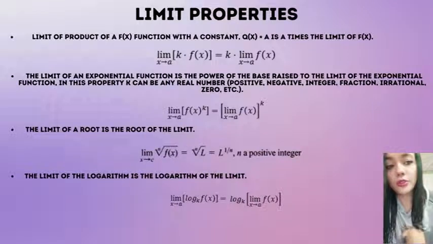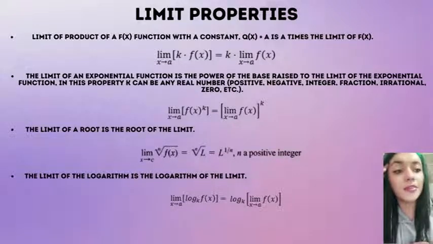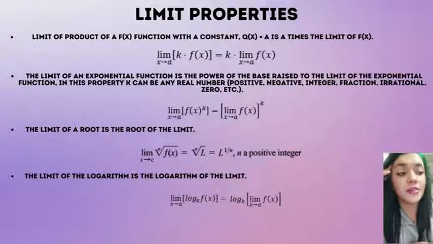The limit of the product of a function f of x with a constant, q of x equal to a, is a times the limit of f of x. The limit of an exponential function is the base raised to the limit of the exponent.